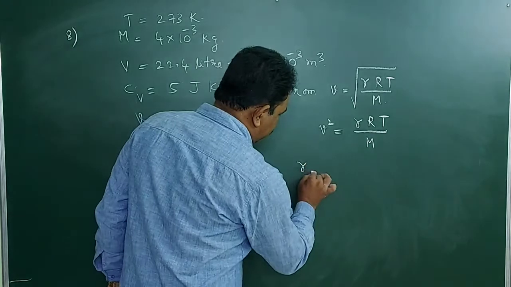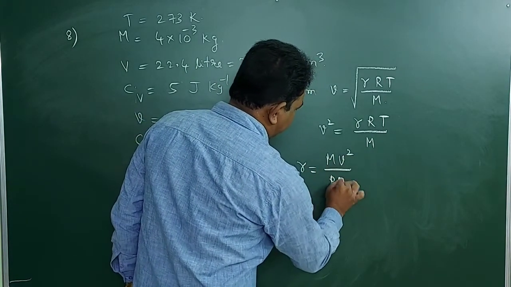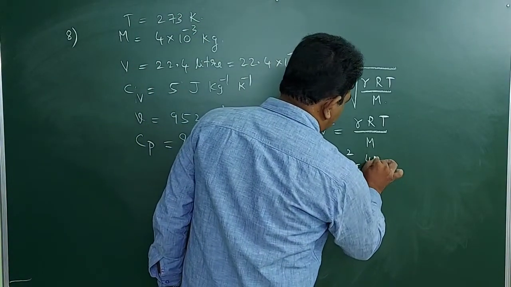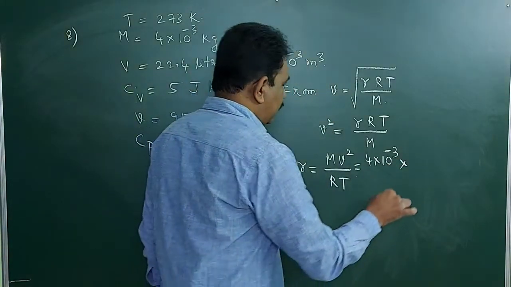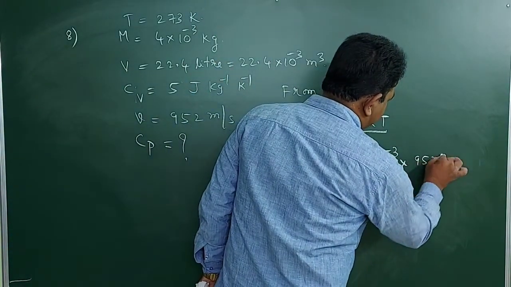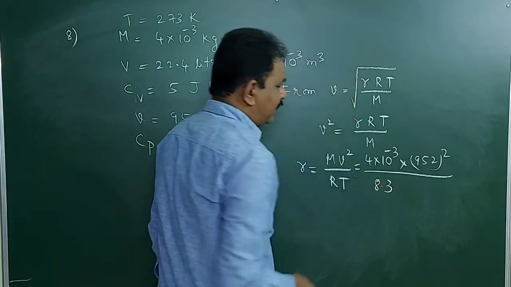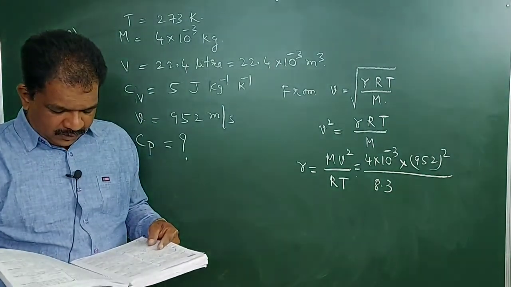Gamma is equal to what will happen? MV square by RT. M value 4 into 10 power minus 3. V value 952 whole square. R value 8.3, they mentioned in the problem R value.